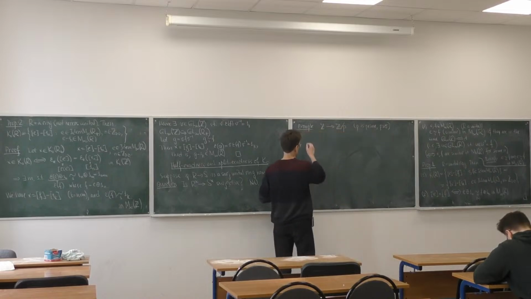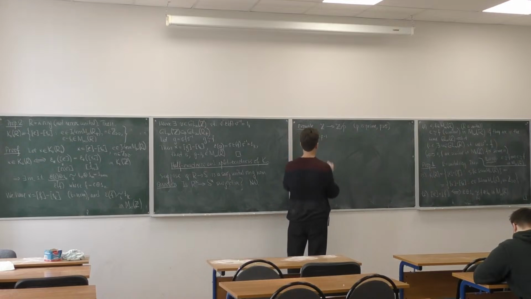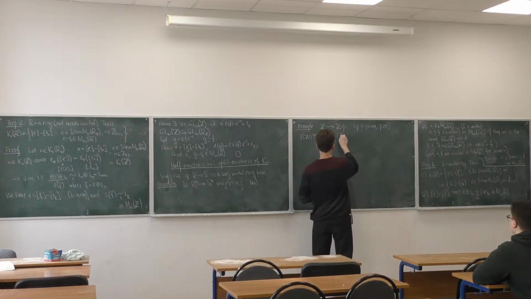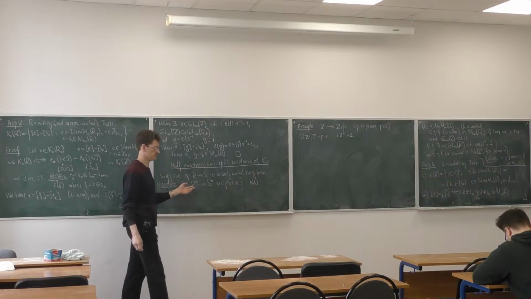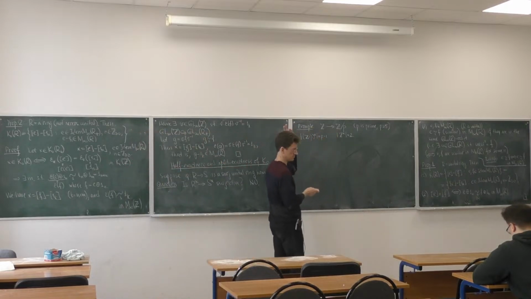So every non-zero element here is invertible. And so we have exactly p minus 1 invertibles here, but only two invertibles here, 1 and minus 1. And so clearly the restricted map cannot be surjective in this case. At most, two invertibles can be lifted to Z. That is 1 and p minus 1.